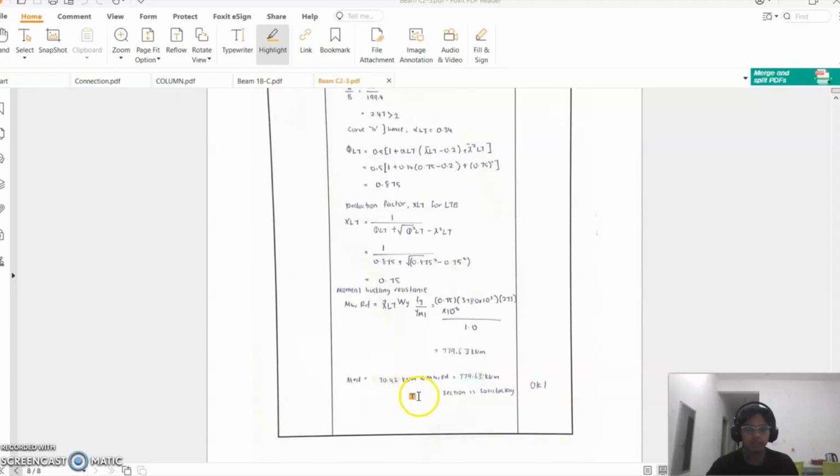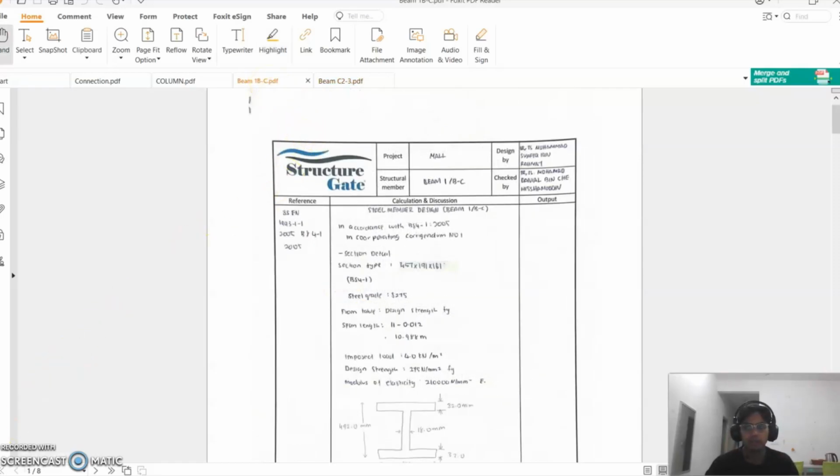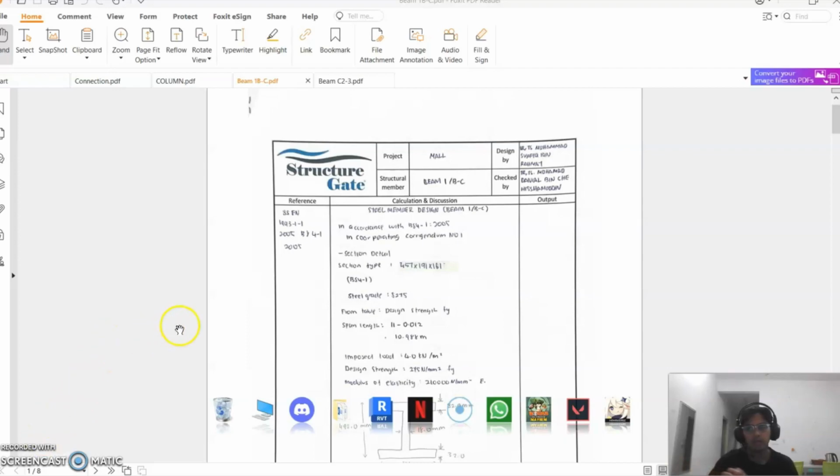So this is for beam C2, C23. Because I calculate column B1, and column B1 is bound with 2 beams, I need to calculate another beam to get its self weight for calculating column B1.